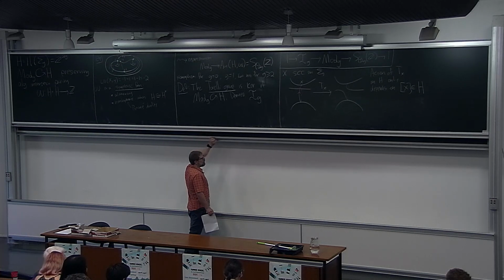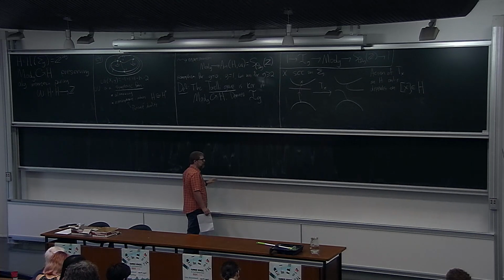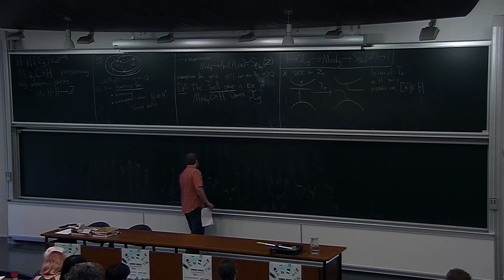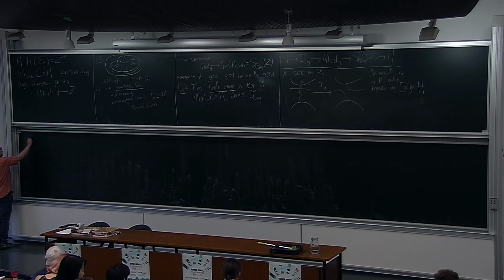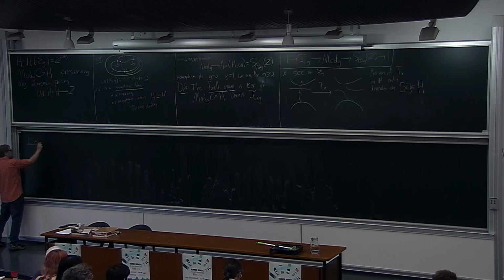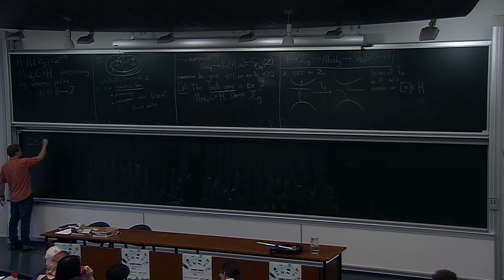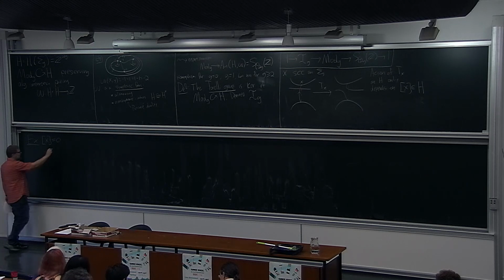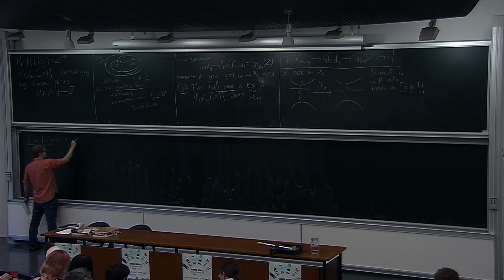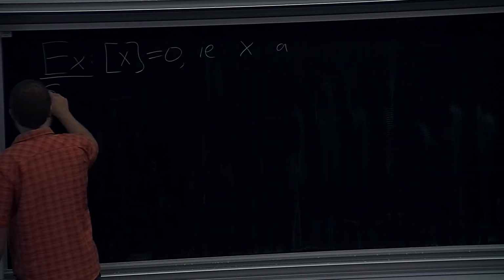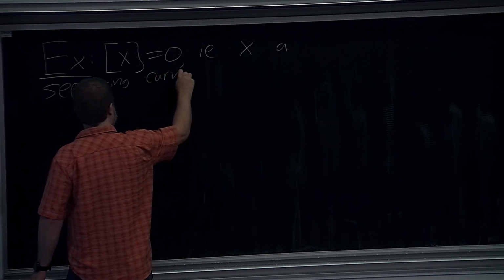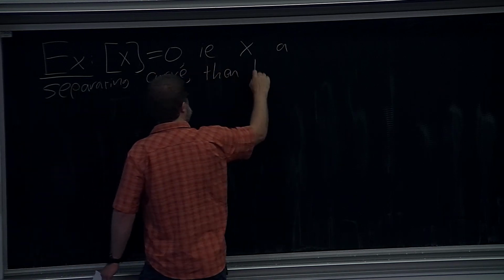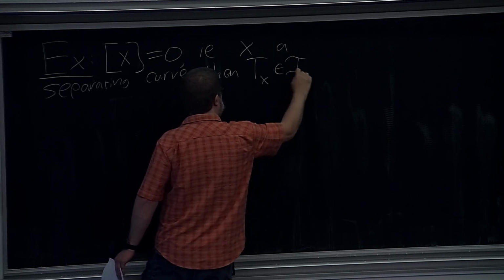So for instance, here are two obvious things you can do. For example, if the homology class is 0, that is, x is a separating curve, then the Dehn twist about x lies inside the Torelli group.